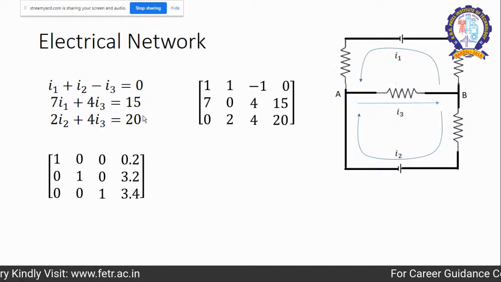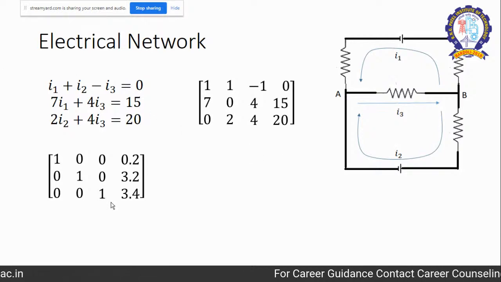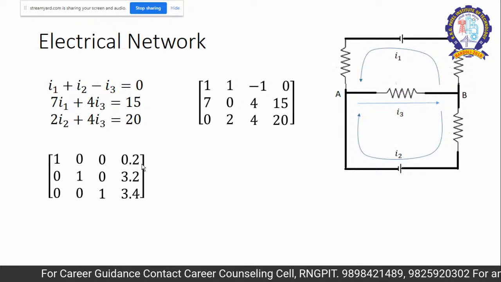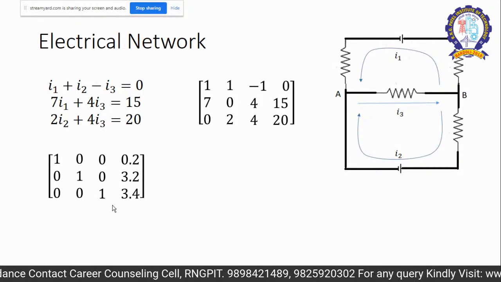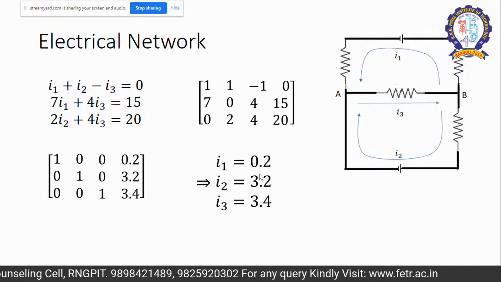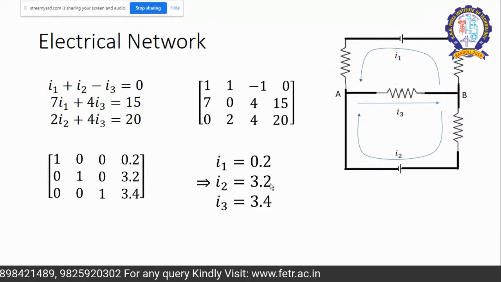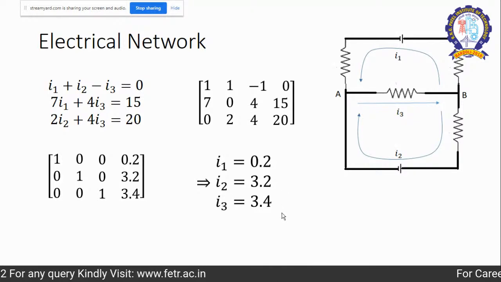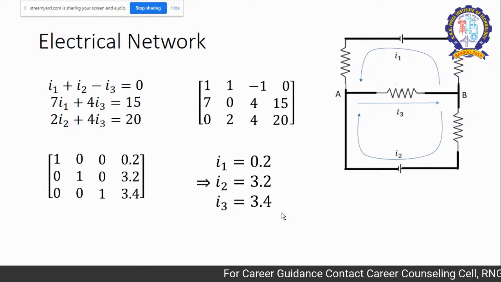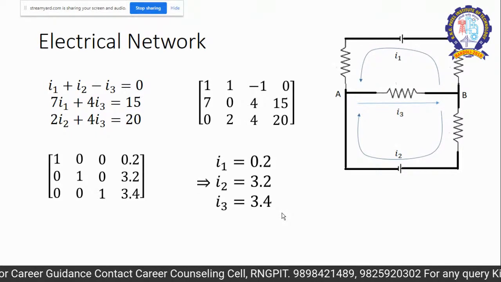Now we can convert into reduced row echelon form using row operations. It gives 0.2, 3.2, and 3.4, meaning I1 is 0.2, I2 is 3.2, and I3 is 3.4. This way we can get the current in every branch of the circuit.